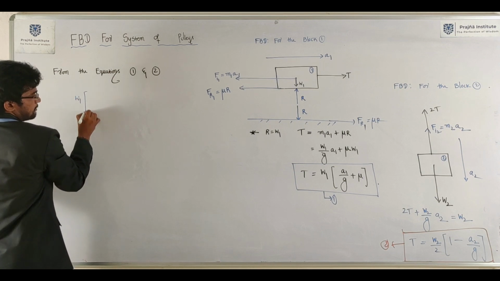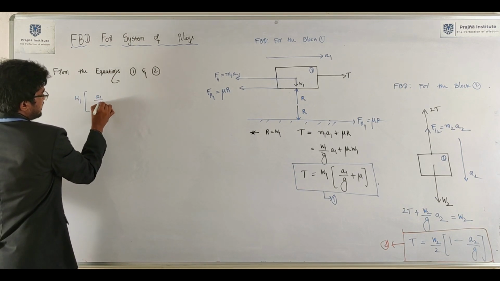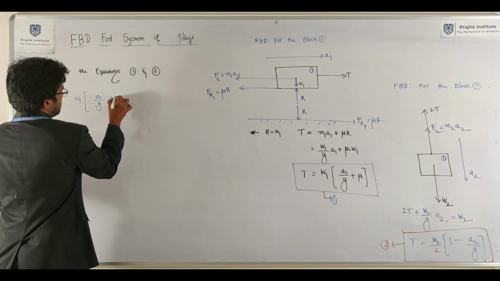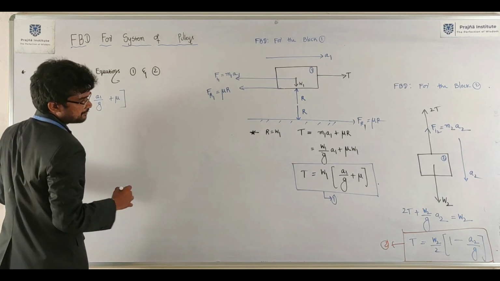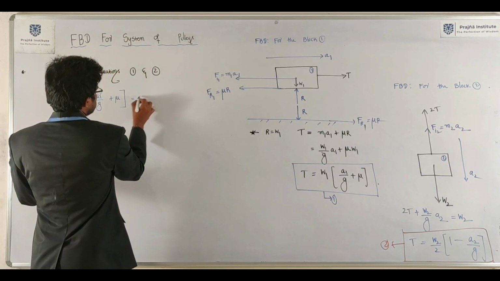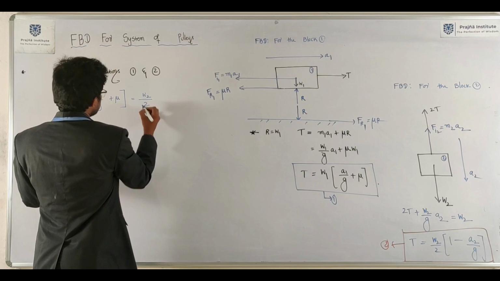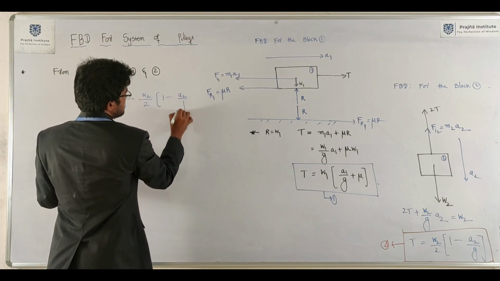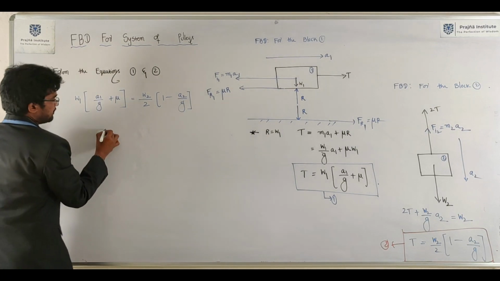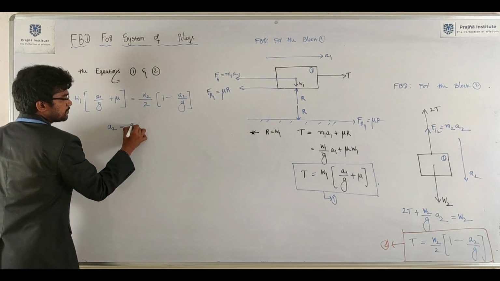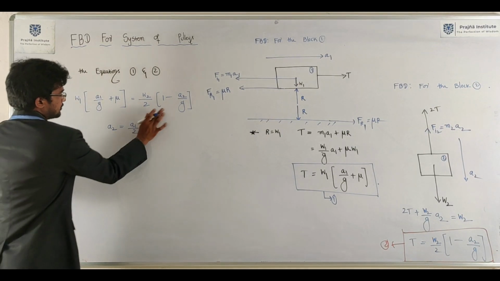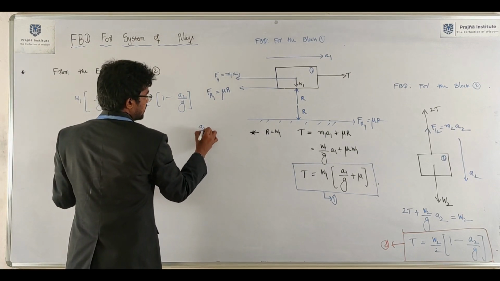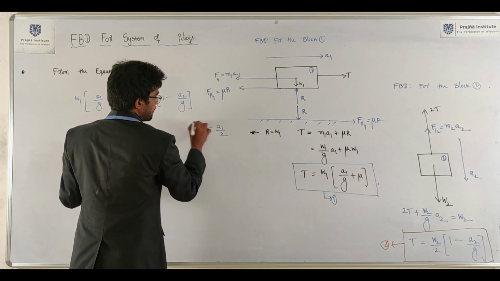W1 a1 by g plus mu equals W2 by 2 into 1 minus a2 by g. Here a2 equal to a1 by 2. a2 is equal to a1 by 2.